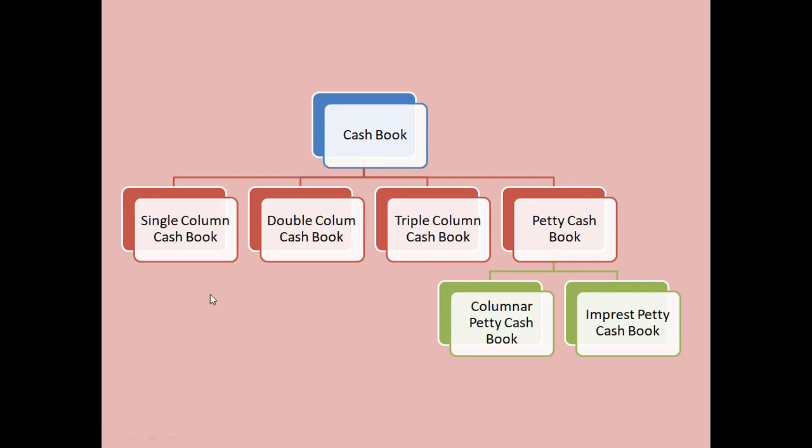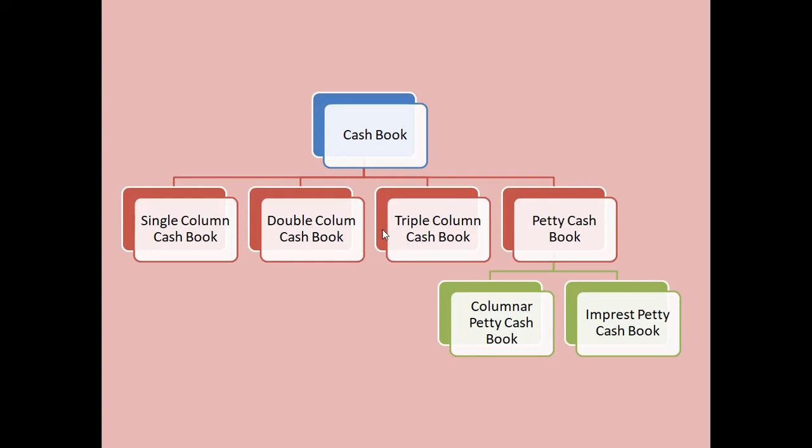By single column cash book we refer to a cash book in which only the cash is maintained. Either cash or bank will be mentioned in the question, but normally we prepare only the cash transactions, not the bank. But in the double column cash book, the transactions of both cash and bank are recorded.